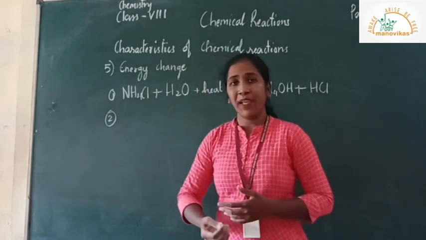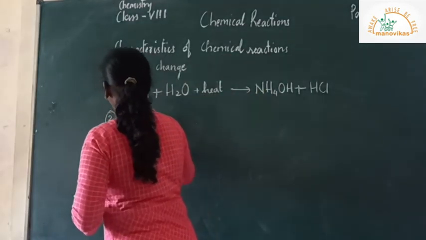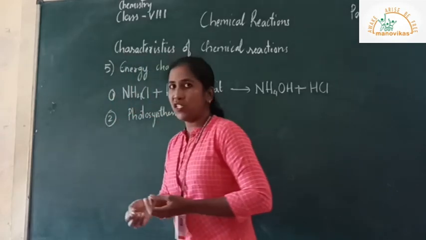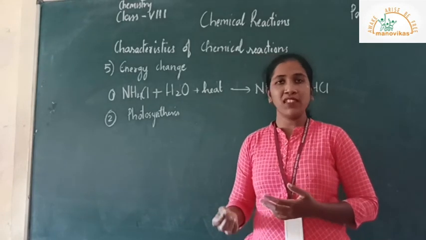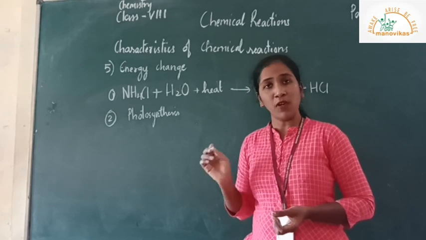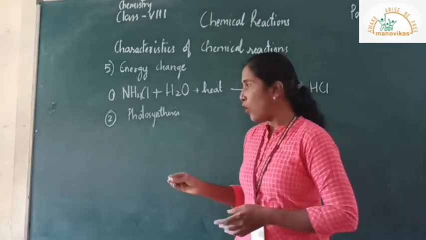Let's check the second example. I'm sure you all must be aware of photosynthesis. So photosynthesis is also undergoing the endothermic change, in which the green plants take in carbon dioxide, water and the energy in the form of sunlight, wherein in return what we get is glucose and oxygen.